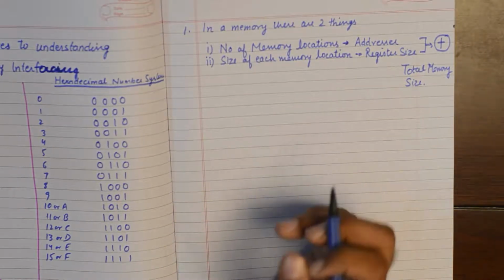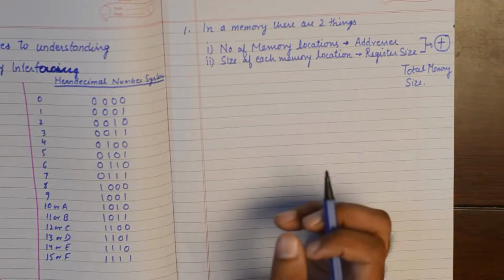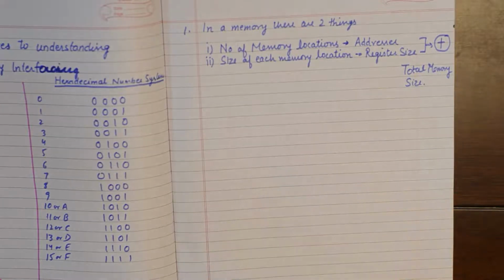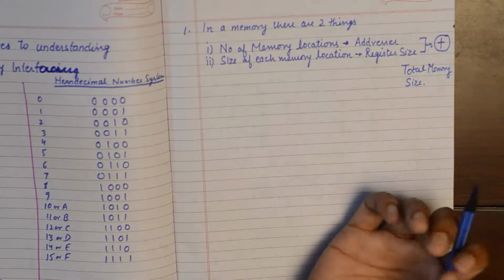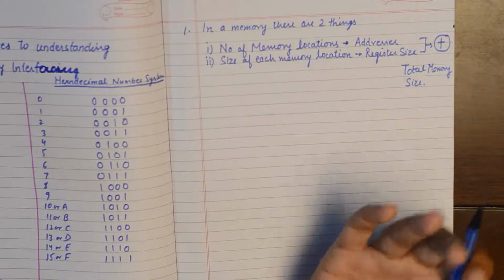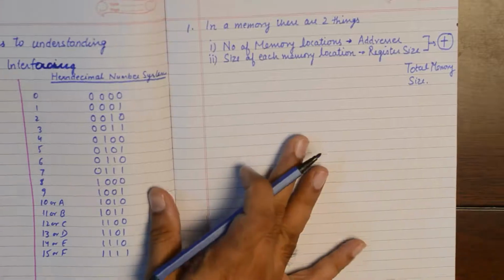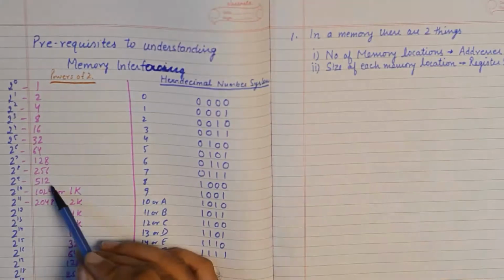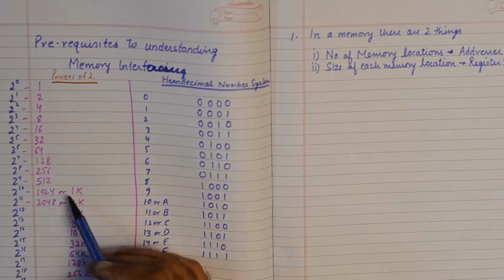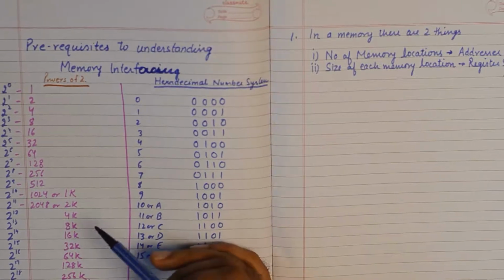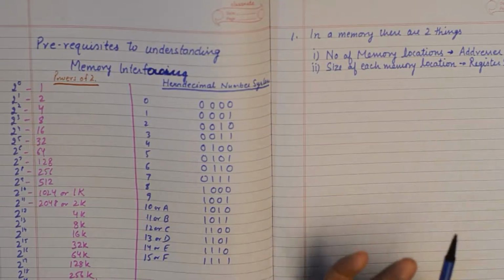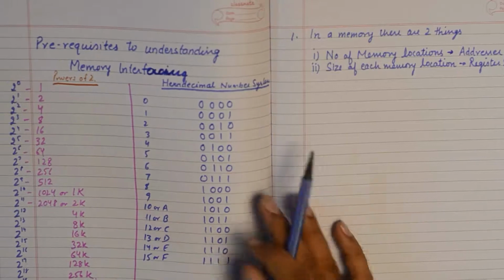This is the first thing that we need to be very clear of. So a memory can have 128 addresses, 256 addresses, 512, 1024 addresses, and so on. It cannot have any other number of addresses other than these.